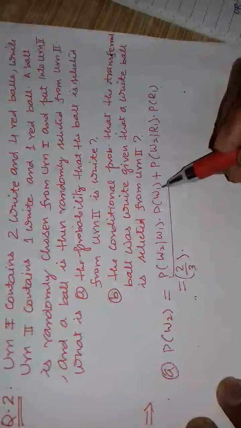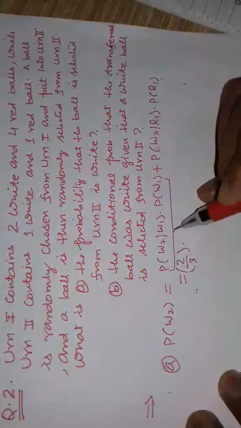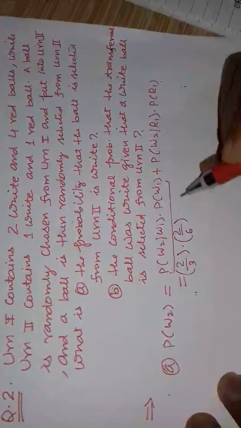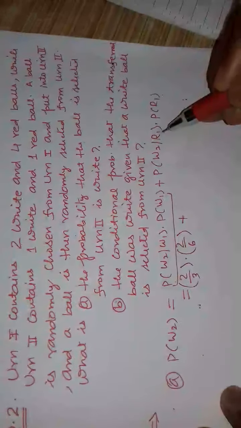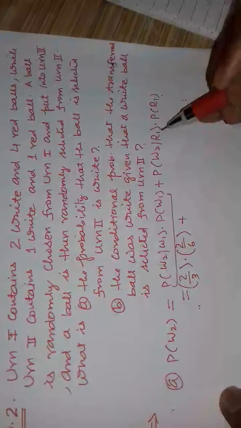And probability of W1, white from first: there are 2 white and total balls are 6, so it will be 2 by 6, plus probability of white while red has been transferred from urn first to urn second.